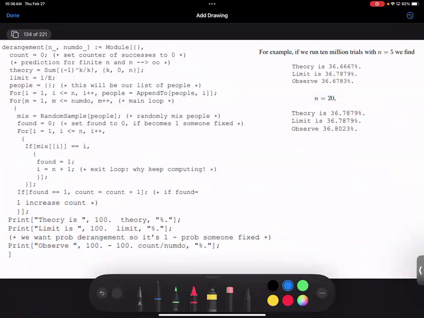So what I was observing numerically, just what fraction of the time do I have a derangement, was really close to the predicted value. And it was close, but it was not perfect with the limit as n goes to infinity. So 5 is not infinity. If I took 20, however, you can see there's almost no difference between theory and the finite truncation. To 4 decimal places, I'm not seeing the difference.